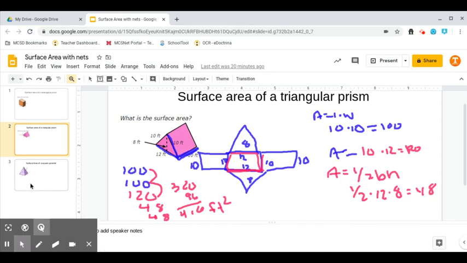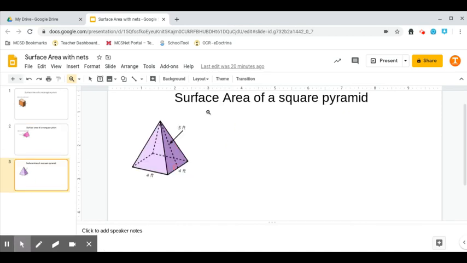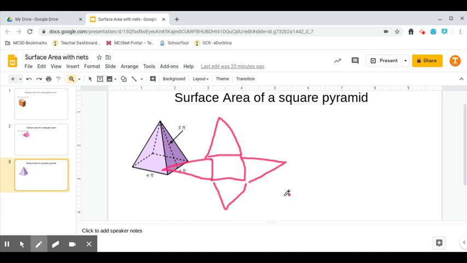Okay, the third one is going to be area of a square pyramid. So if I look at this shape, I have a square pyramid, I have a square on the bottom, and if I fold the back, it'd be like this, the sides go like this, and like that. So if I fold that out, I'd have something that looks like this.